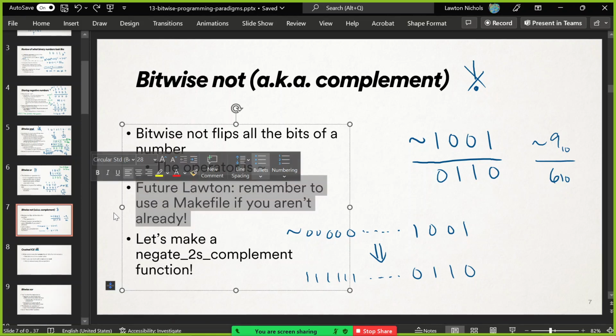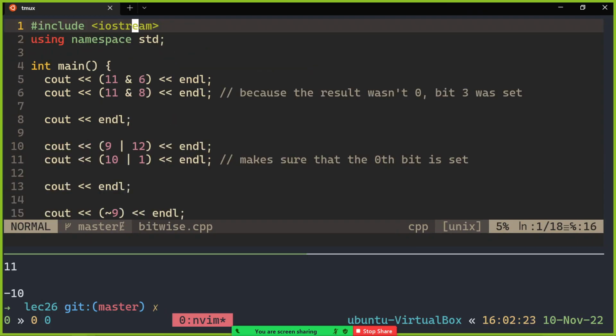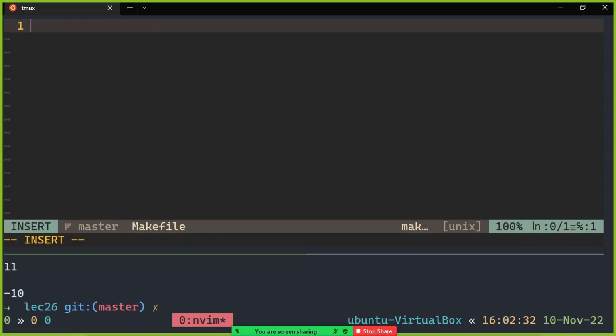And I also want to use a makefile, just for fun, just to get us practice with it. So let's make a makefile for this one program, so that we can just say make and it will get compiled and run. So I'm going to make a new file called makefile with a capital M. There we go. And the name of the thing that I want is, I guess I'm just calling it bitwise.